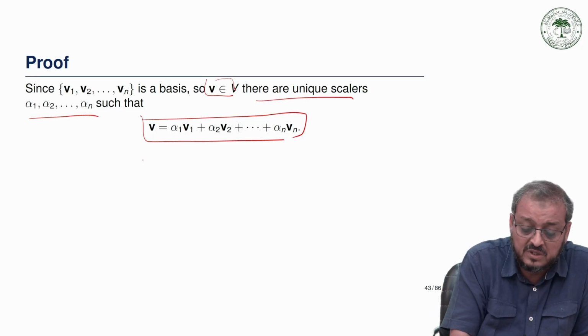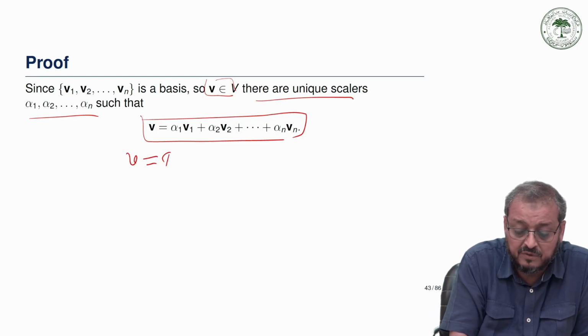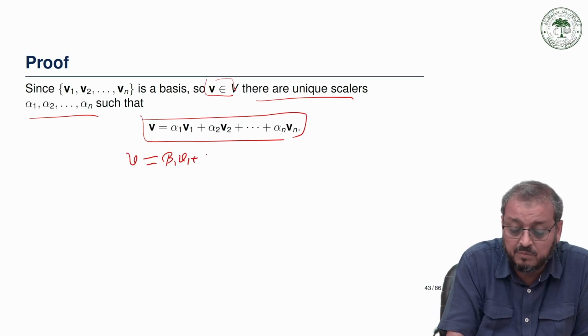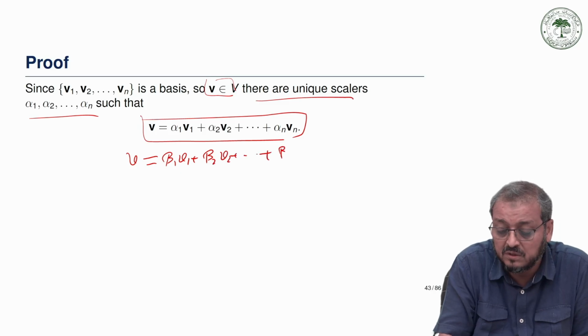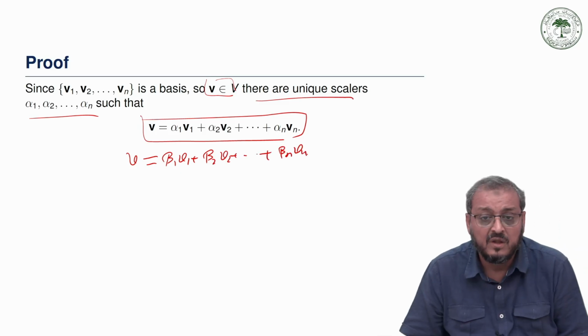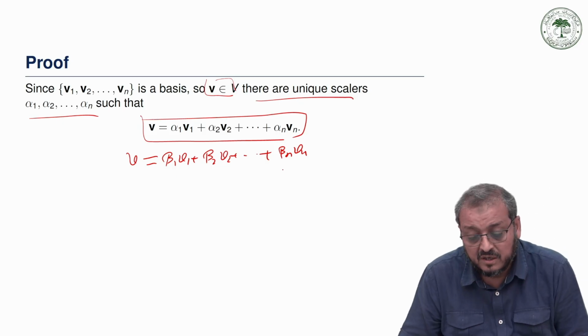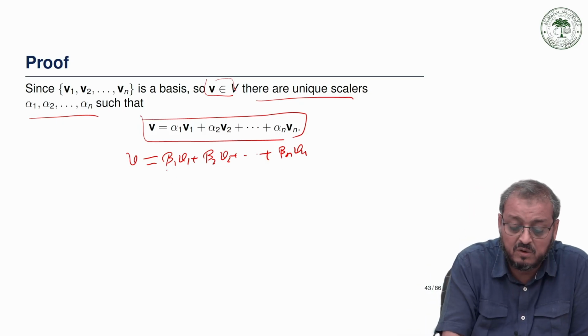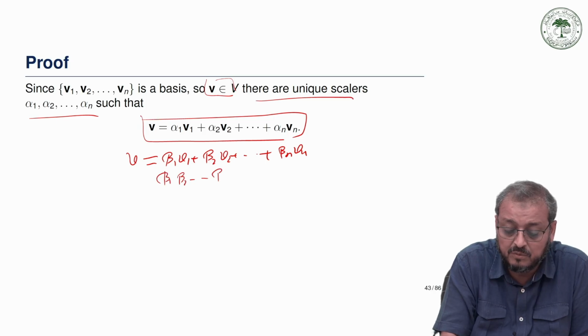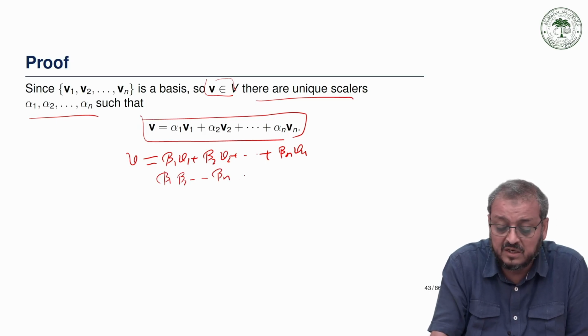So we assume that we can also write V in the form beta 1 V1 plus beta 2 V2 and so on, plus beta n Vn, where beta 1, beta 2, up to beta n are scalars.